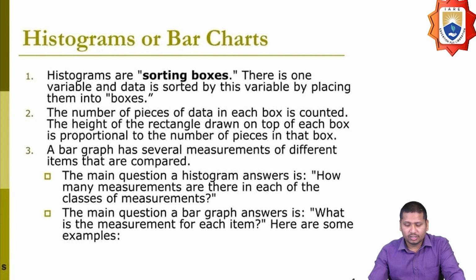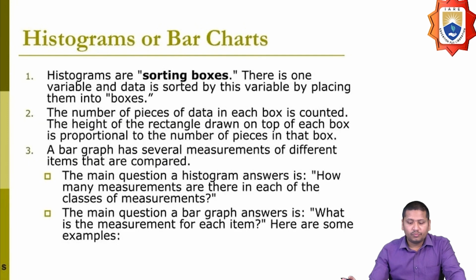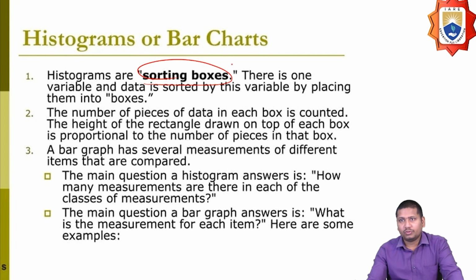So here are some examples. Before that, histograms are called sorting boxes. The data is sorted by means of a variable into boxes, the number of pieces of data in each box is counted, and the height of the rectangle drawn on top of each box is proportional to the number of pieces in that box.